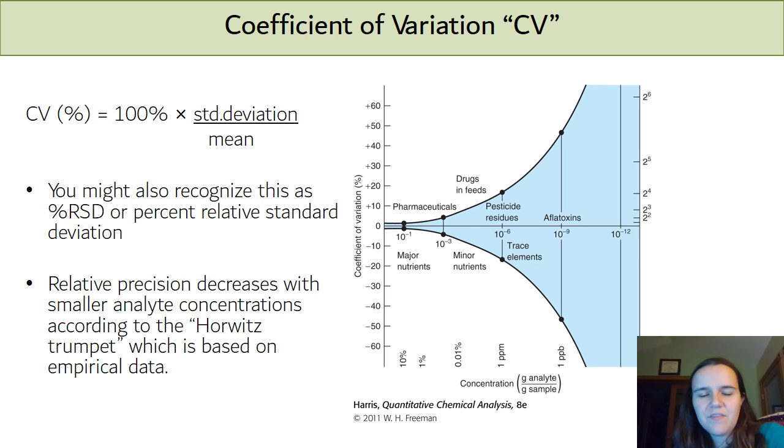And it's saying that if you have a particular concentration, okay, and you're looking at a fixed precision level, that because your standard deviation here is going to be the same, and this is going to decrease, now you're dividing by a smaller thing as you move from left to right, okay? Getting down to parts per billion there. And so now you're going to get this huge expansion in relative standard deviation, meaning a small error makes a bigger difference when your sample concentration is small.